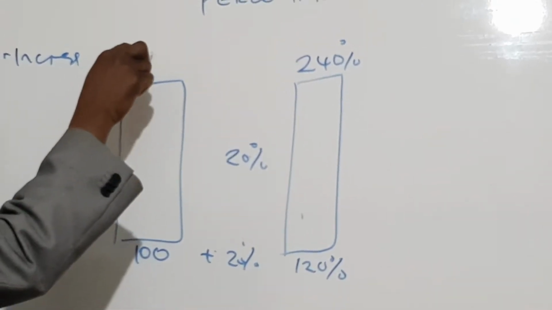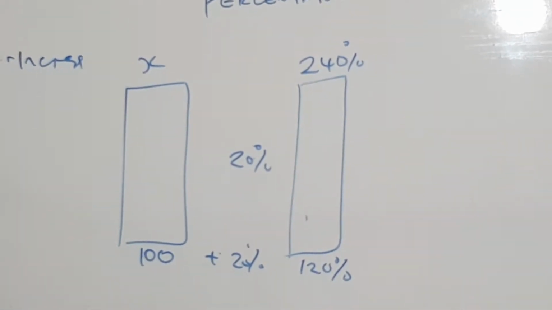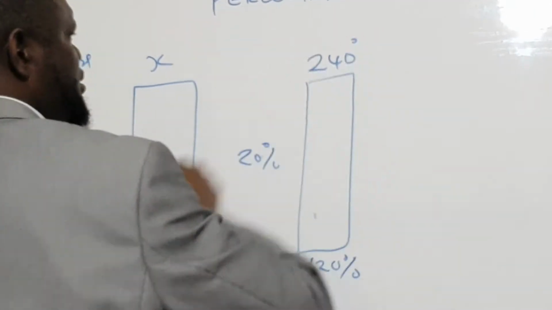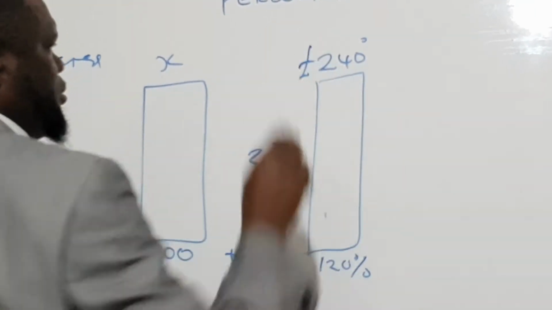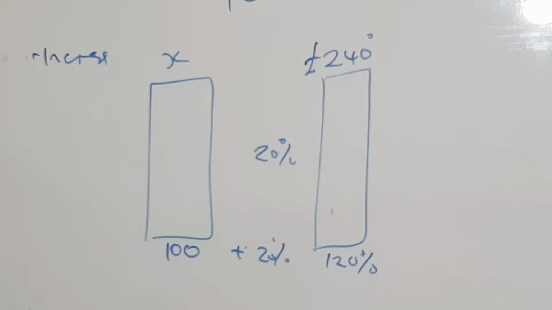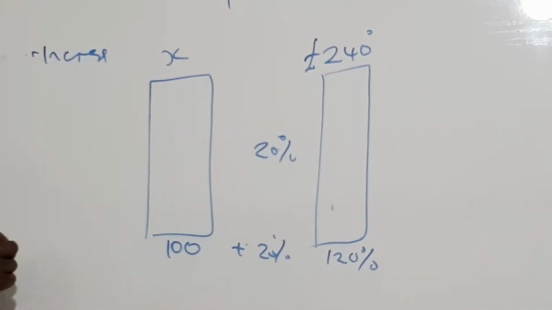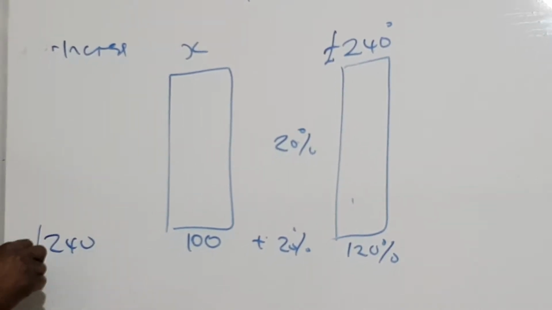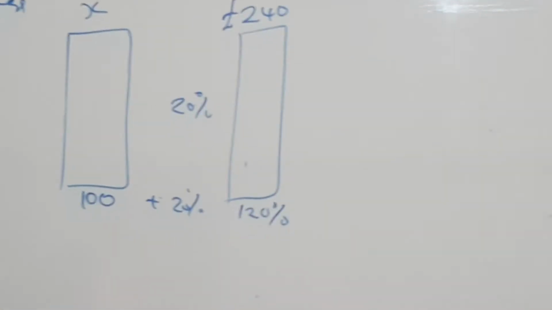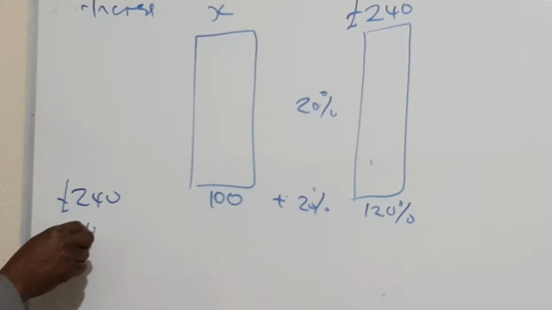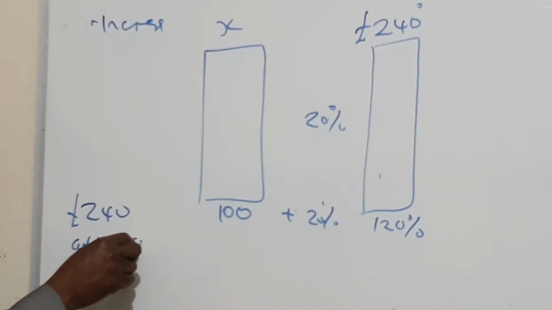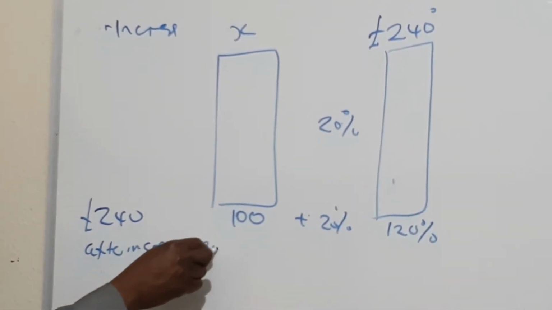What was the old price? Okay, they tell you the price of a car is £240 after an increase of 20%.